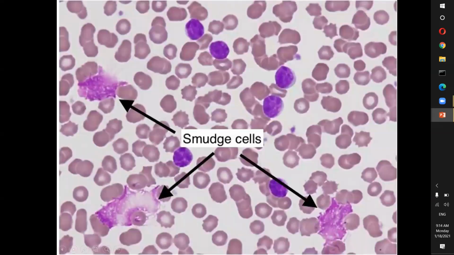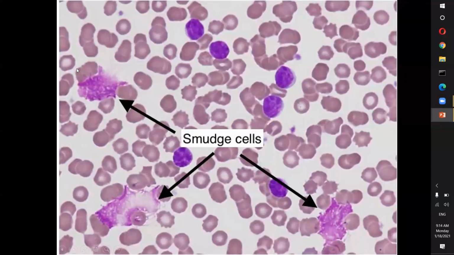So when you look at the blood film, what do you find? All spectrum of cells, and in this leukemia some cells are smudged, destroyed, smeared.